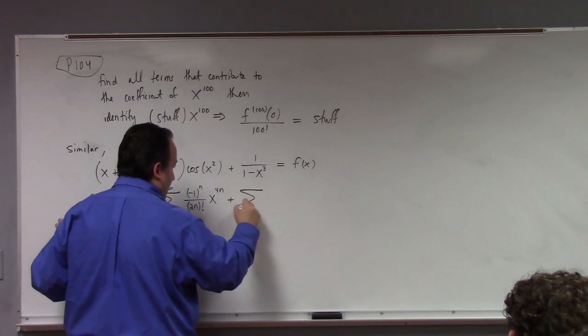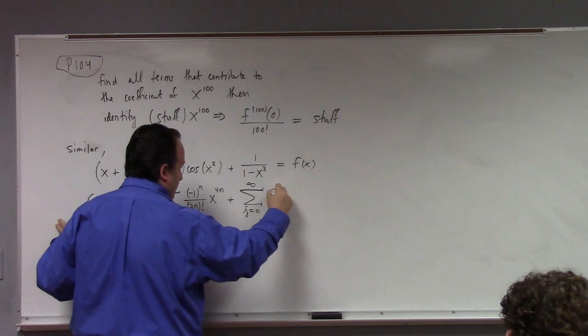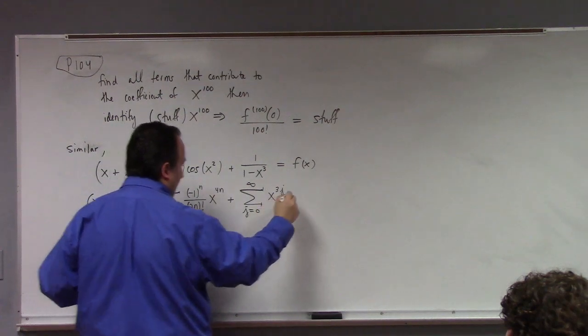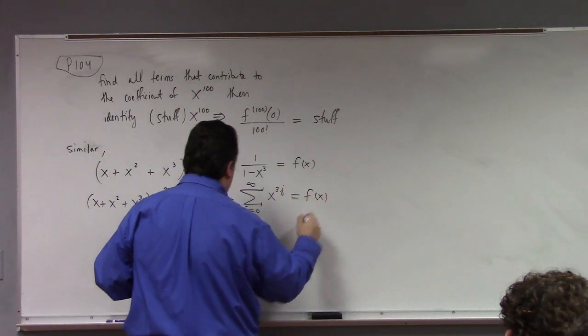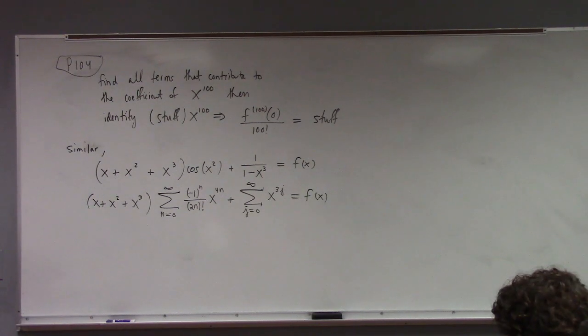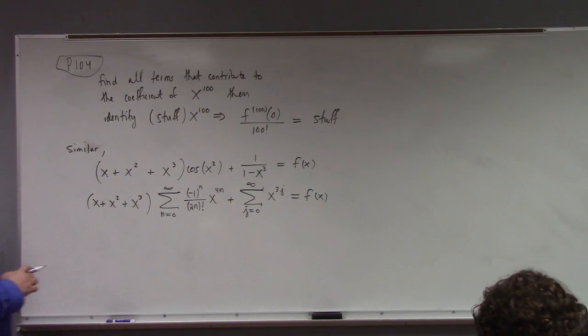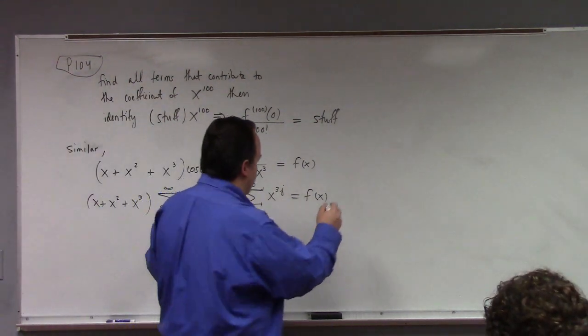And then over here, let me use a different letter, I've got the sum j equals 0 to infinity of x to the 3j. So here I'm using the geometric series, identifying that the ratio is equal to x cubed. So if I have r to the power j, here.